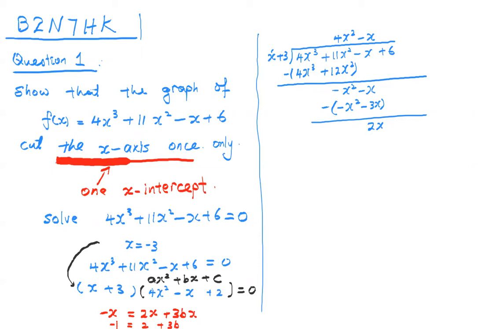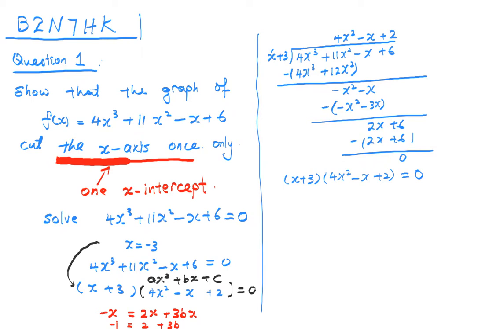Then I drag down the 6, so I put here plus 2. So I have 2x plus 6. I minus off. I got 0. So my equation can be written as x plus 3, 4x squared minus x plus 2 equal to 0. If you are comfortable with this way, you can do it this way.